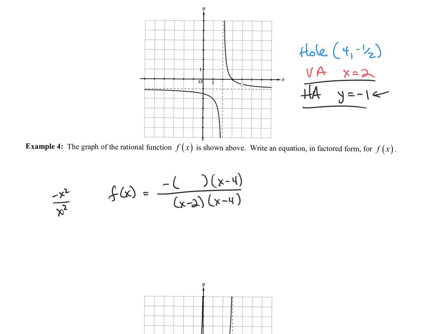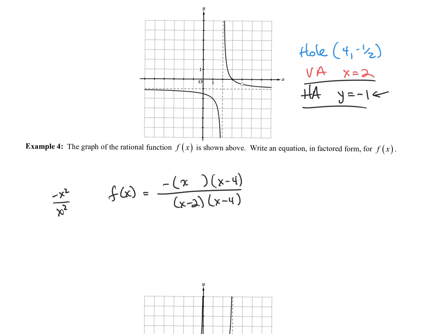All right? And so I'm just going to say it's going to be a negative up there. And then I'm going to try to deal with my hole part. All right? And so what canceled out on my hole? The x minus 4s, right? And so I'm going to substitute in 4 right here. Does everybody follow me on this? And so if I substitute in 4, what do I get? 2. I get 2, right? And so if I were to substitute in 4 right here, I have to have an x right there. What am I going to add or subtract to 4?